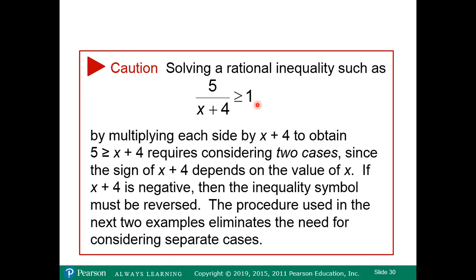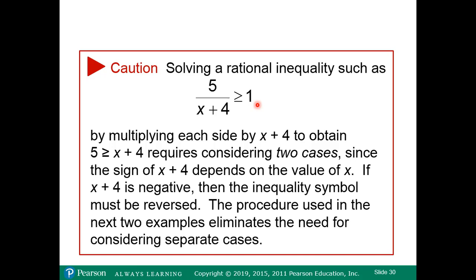Since the sign of x plus 4 depends on the value of x, if we choose a certain value of x, we could end up getting a negative value, or we could end up getting a positive value, which is going to change things.